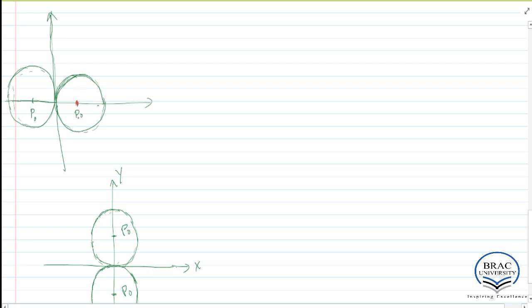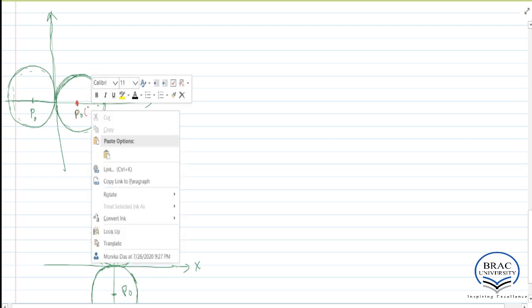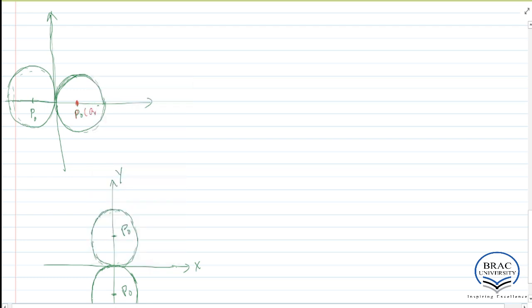So this point P naught is the center, and the circle is on the right side of the origin and also passes through the origin, so the coordinate of the center for this circle is the radius value a comma 0, as you can see that theta is 0 here.